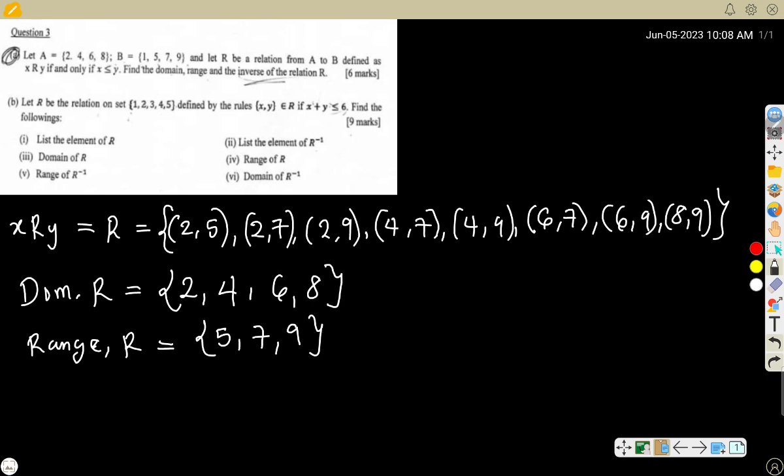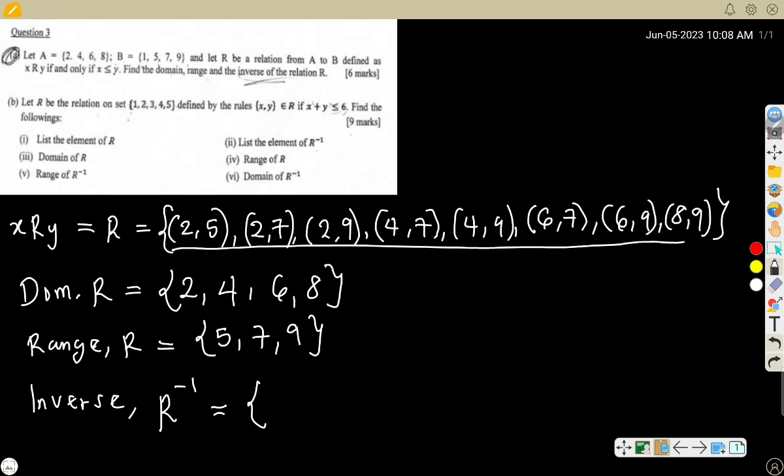And the inverse of the relation. We represent inverse as R raised to the power minus 1. Inverse is defined using all these elements you have here, so you have to reverse each pair.